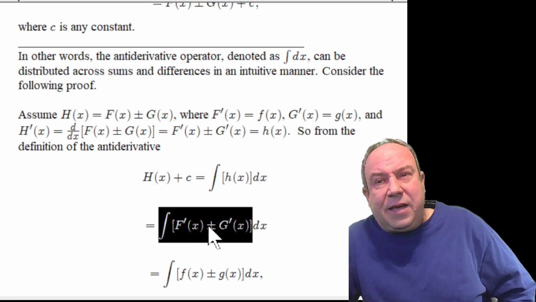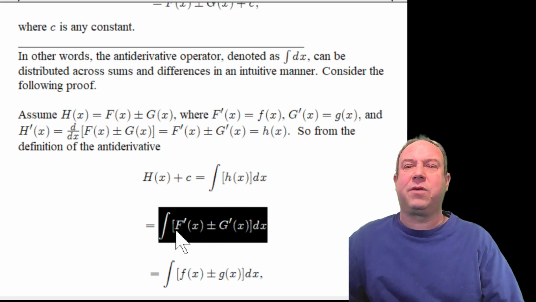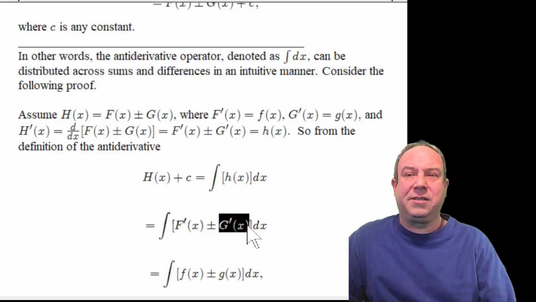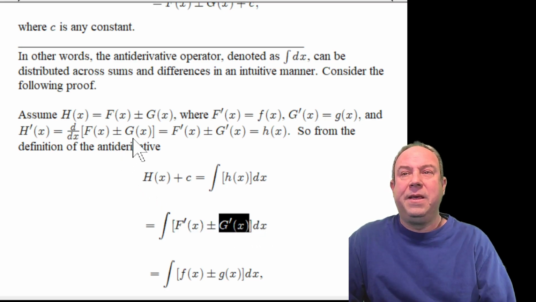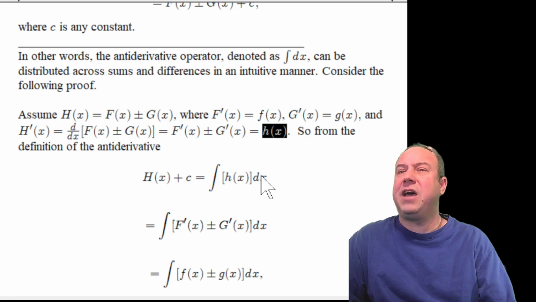And if we apply the antiderivative operator to little h of x, it's going to be like applying the antiderivative operator to cap f's first derivative plus or minus cap g's first derivative. As we had noted, those values, their derivatives, are equivalent to little h of x.